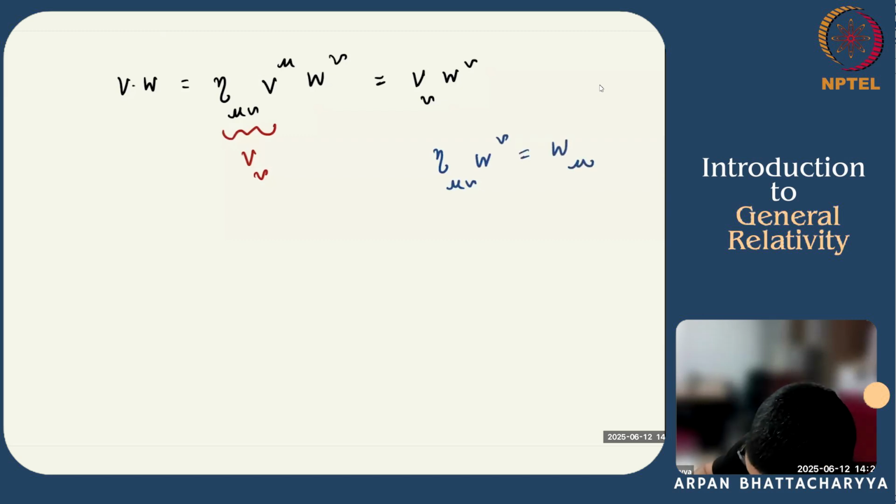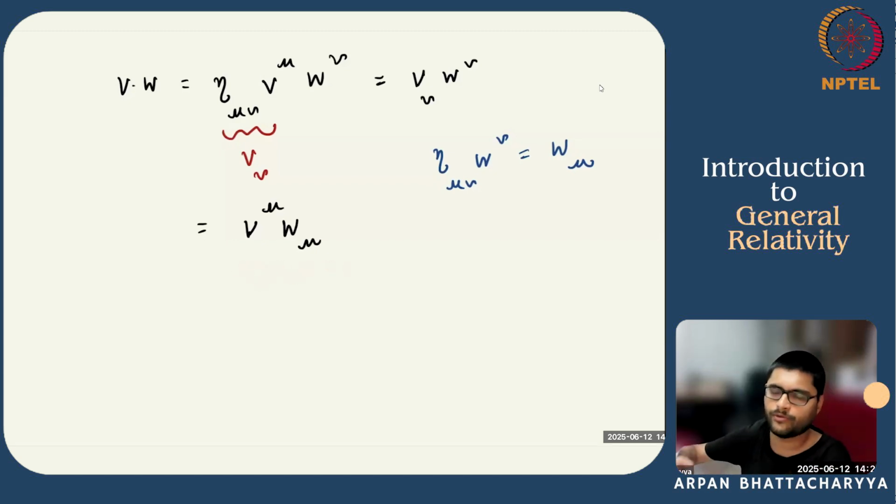So you can also rewrite this as v^μ w_μ. Again, the Lorentz indices are contracted, it forms a scalar, and this is the same as this. You can check it by writing component by component.